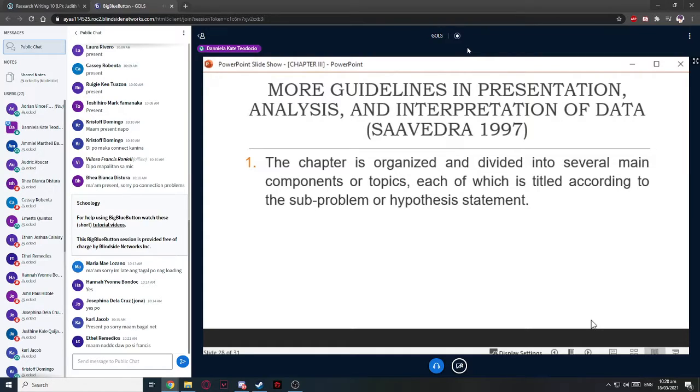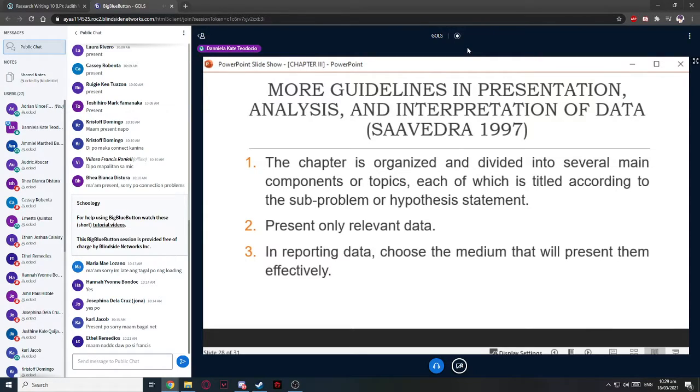Now, class, the first thing that you need to consider in writing chapter 3 is your statement of the problem. And I will be showing to you why we should consider our statement of the problem in writing our chapter 3.